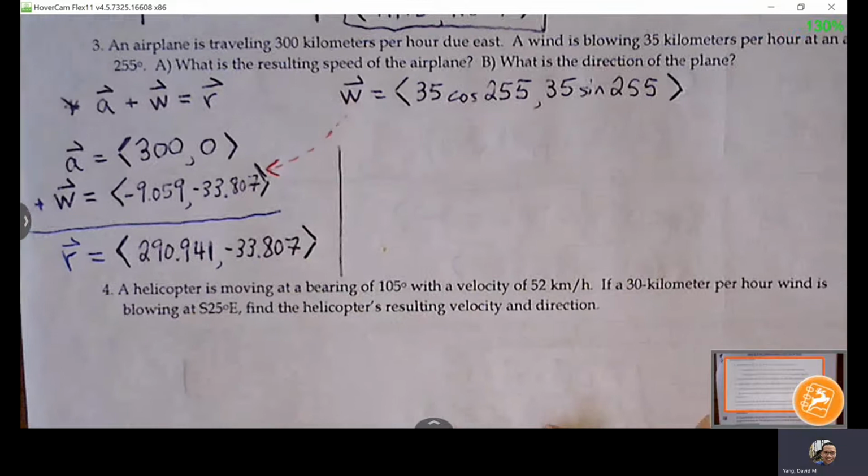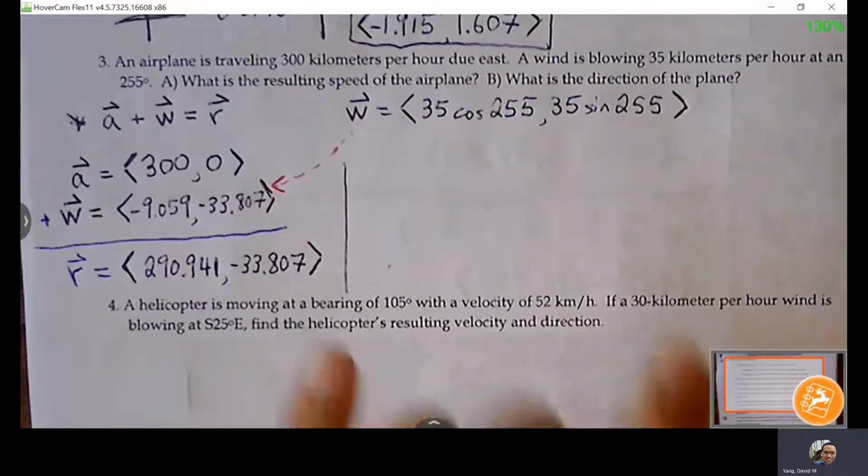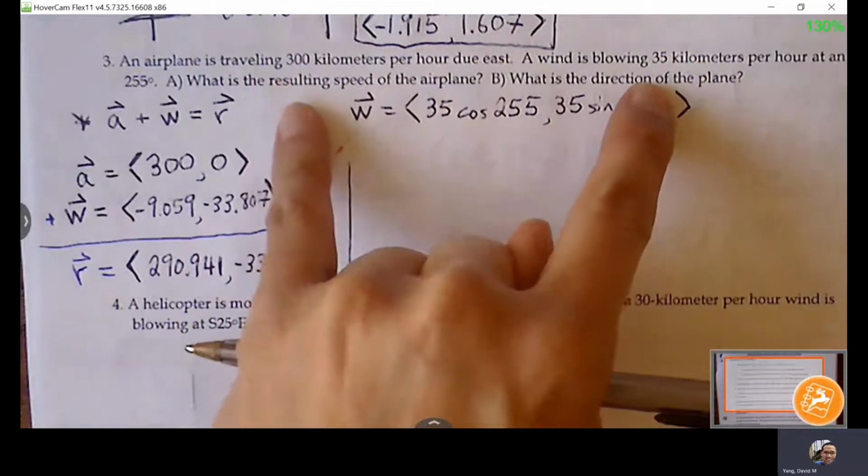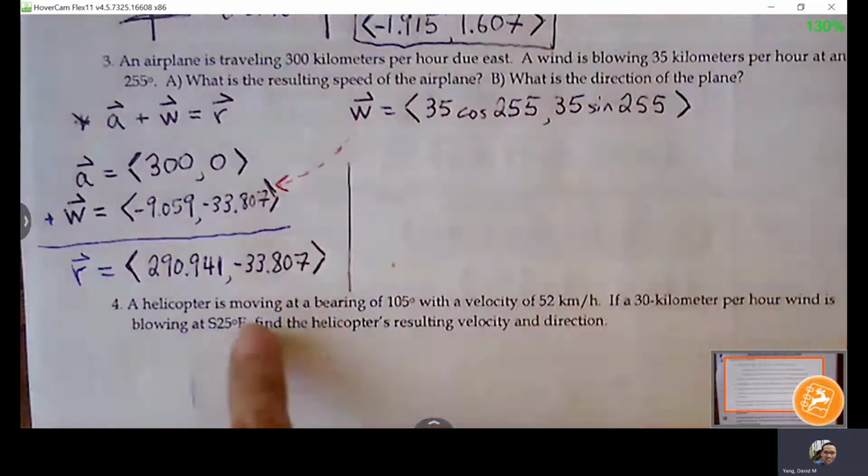Getting to the resultant vector is the challenging part that we have to make sure we can do, but everything else should feel easier now, right?